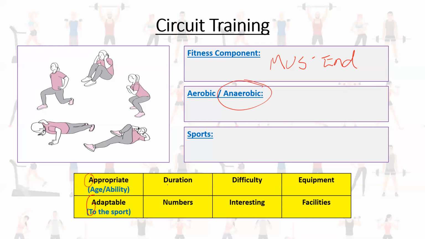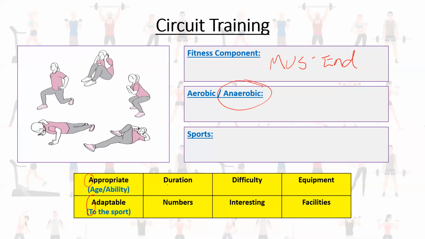If anything, you have to adjust the type of exercise that you do to make it appropriate for higher level performers, because just doing a few lunges and a few press ups isn't actually going to benefit an elite performer. So that's the sort of thing that you've got to comment on there. It could be that you're making positive statements about how appropriate it is, but it could also be that you're holding back a few potential negatives.